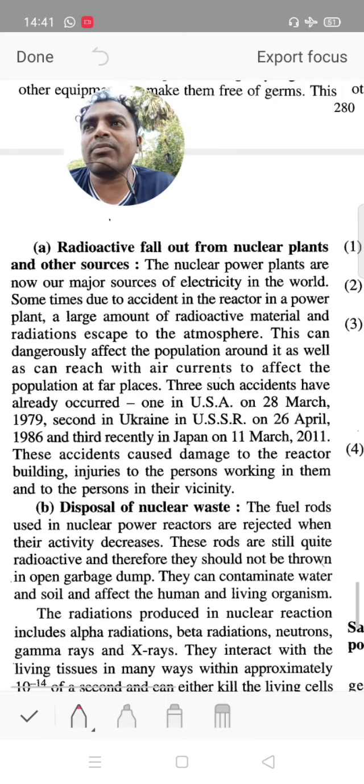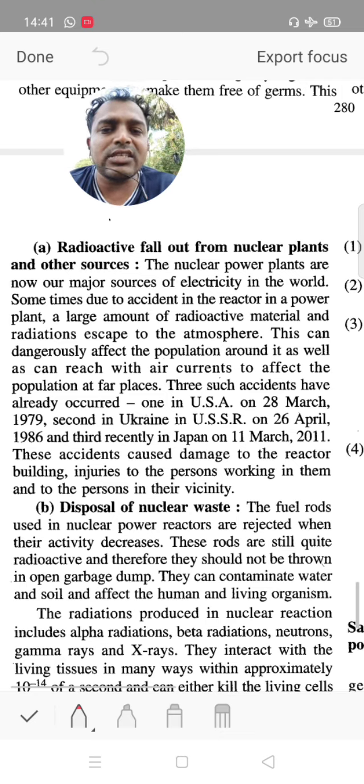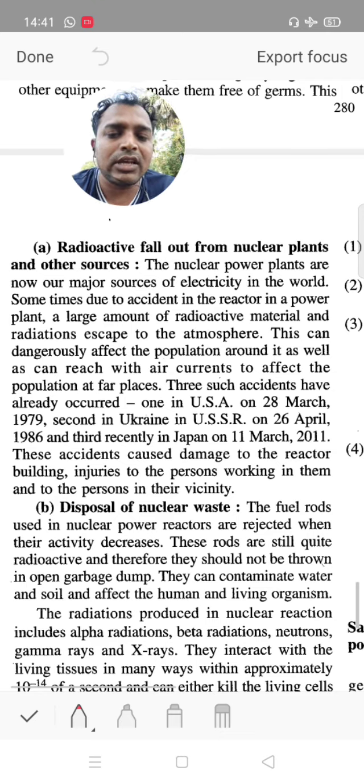We need a lot of energy and electricity, so nuclear power plants are mostly used as the main source, but some incidents have happened: in the USA on 28 March 1979, in Ukraine on 26 April 1986, and another recently on 11 March 2011.